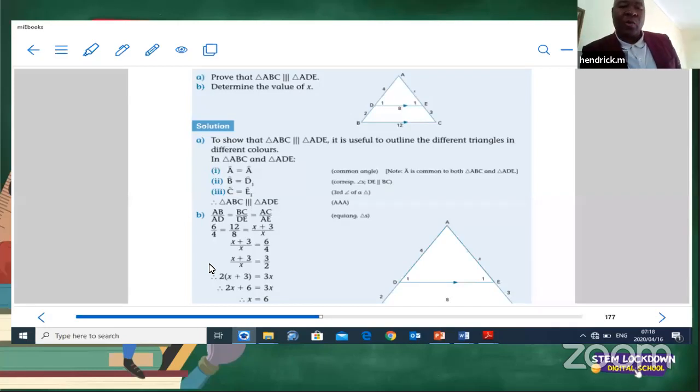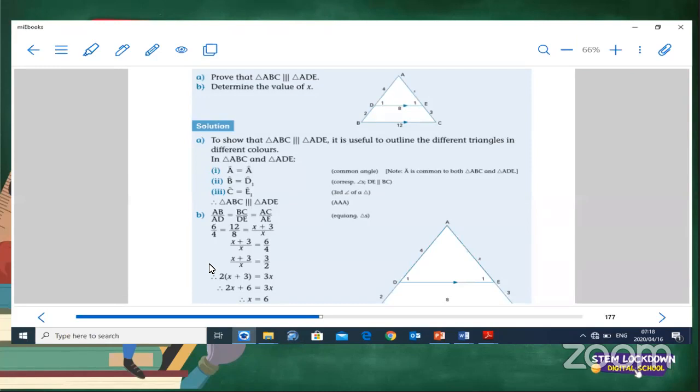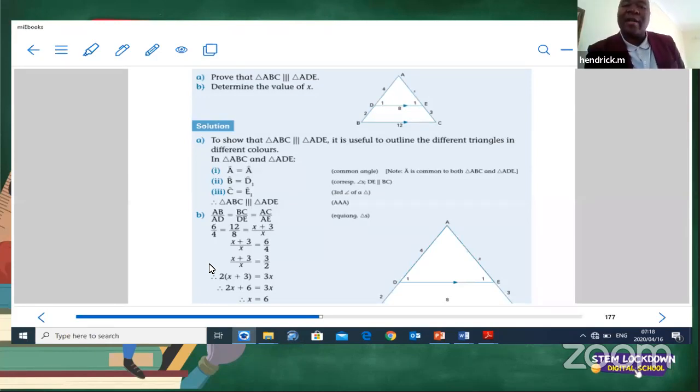That is proportion. We said yesterday that when two triangles are similar, then the corresponding sides of those triangles are in proportion. This means you can take one side of the first triangle and divide it by its corresponding side of the second triangle.